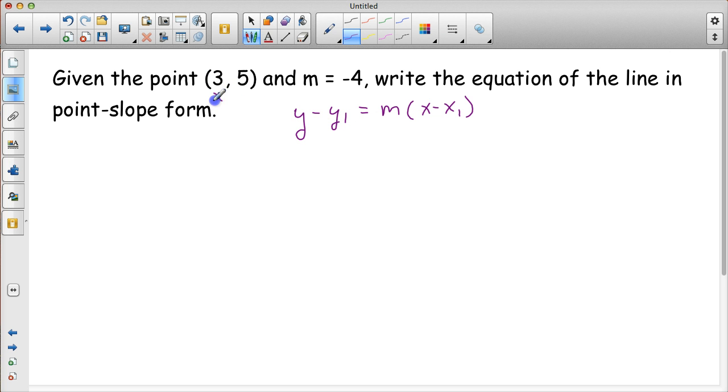That means that 3 is x1 and 5 is y1, and we already know m is -4. So we write y minus 5 equals -4 times the quantity of x minus 3. And that's the equation of our line in point-slope form.